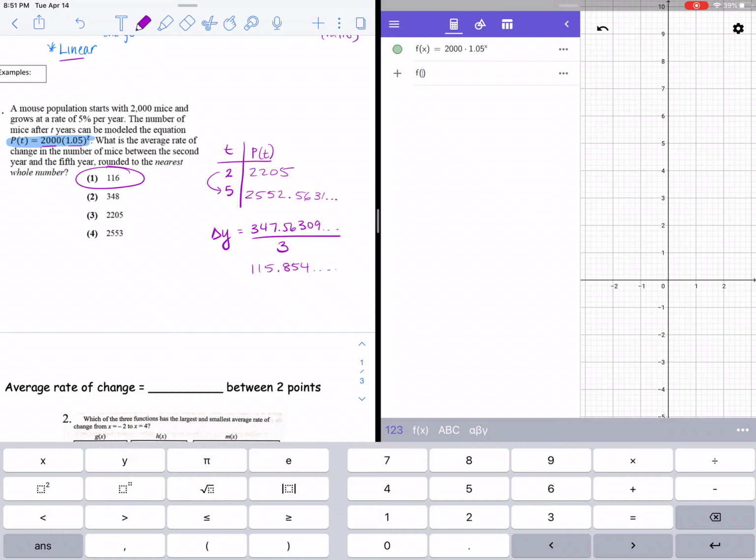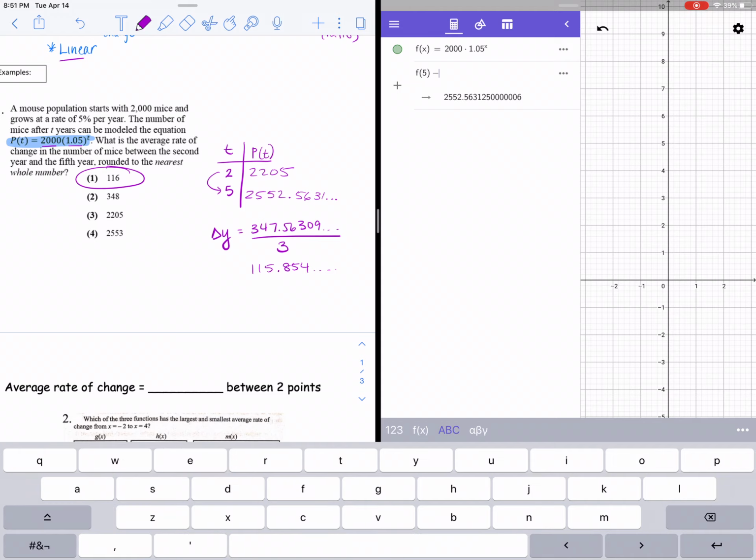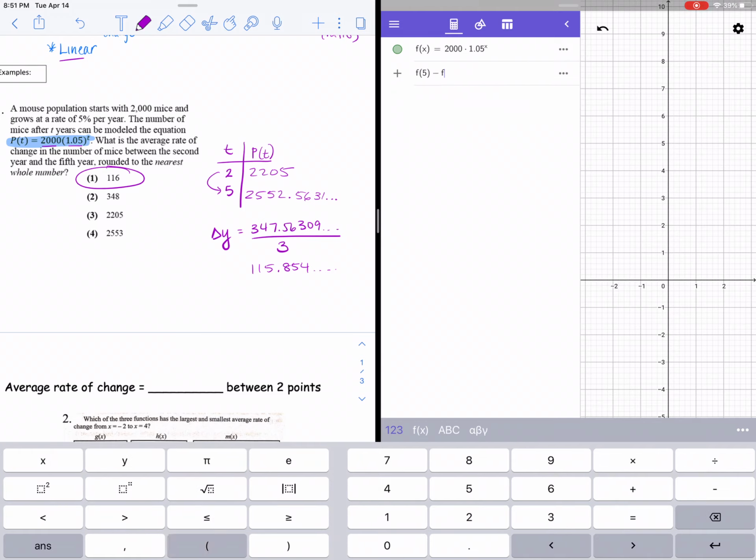It wouldn't matter. So let's do f of 5 minus f of 2. And that would have given me the change in y also. Now to get the change in x, I would just have to do 5 minus 2.